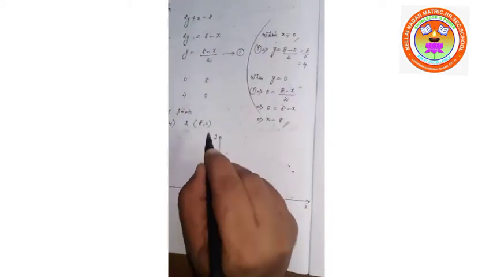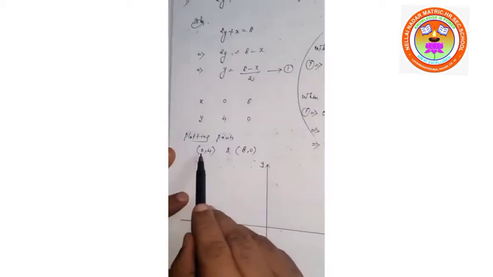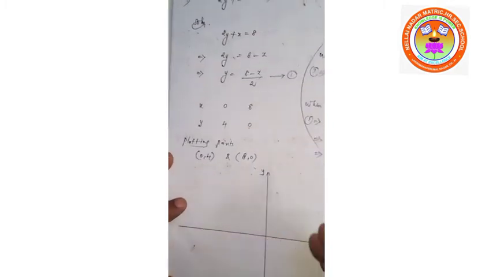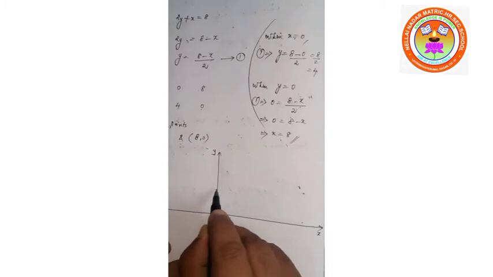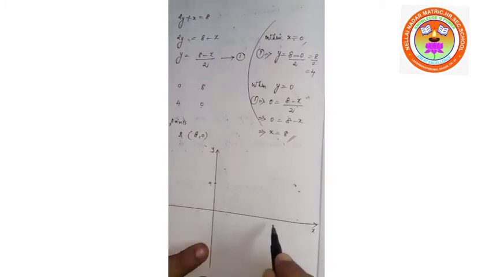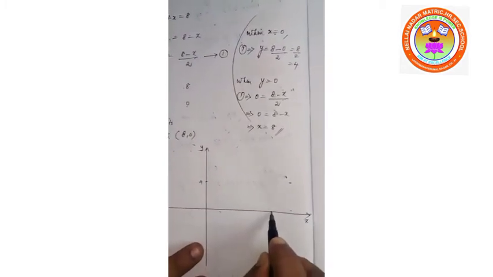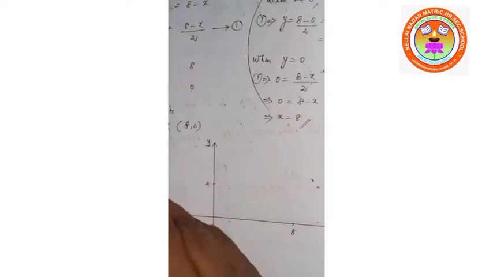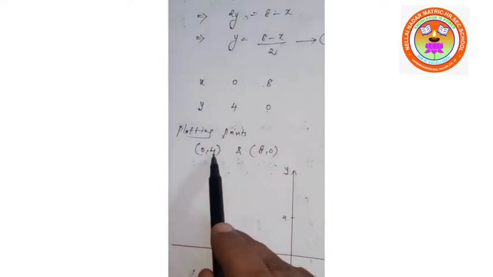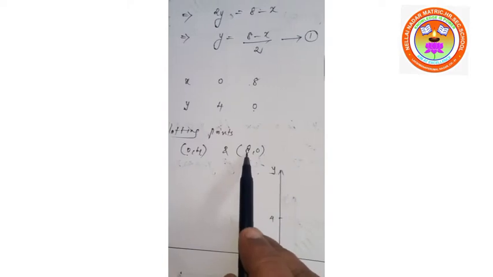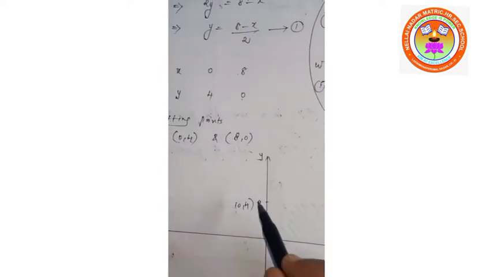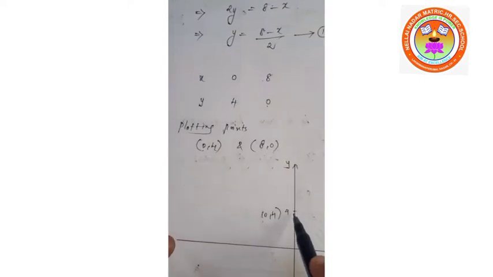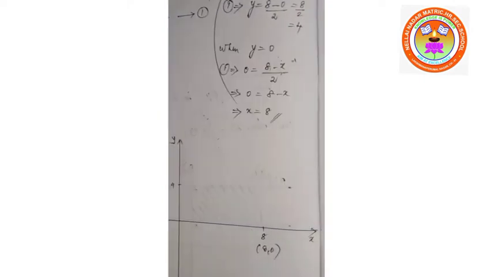Draw the x-axis and y-axis, with points (0, 4) and (8, 0). I take 4 on the y-axis and 8 on the x-axis. So this is the point (0, 4). You know how to plot the points. (0, 4) lies on the y-axis, and (8, 0) lies on the x-axis.